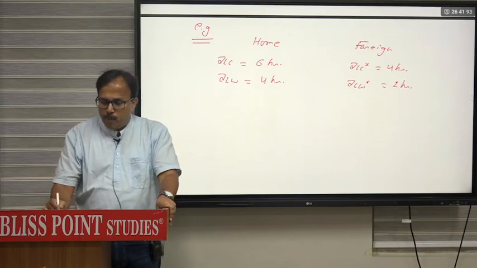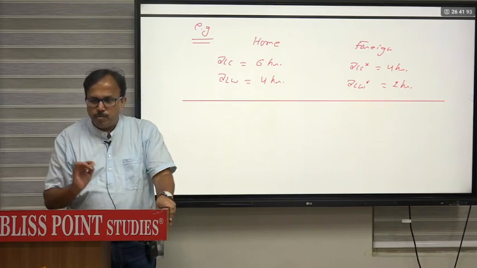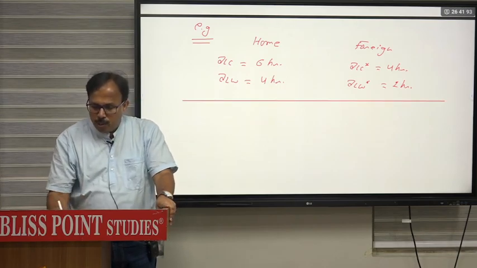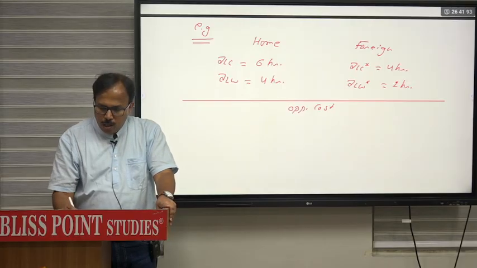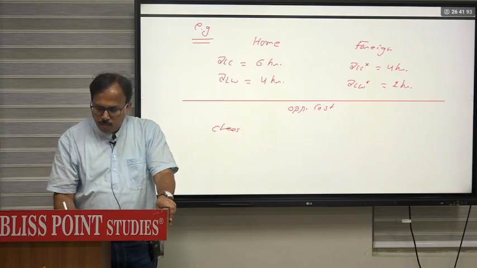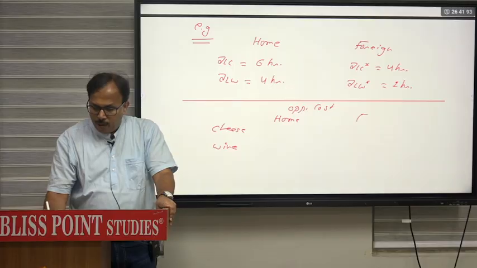So if I calculate opportunity cost for this example, how do we calculate it? Opportunity cost calculate कर रहे हैं, opportunity cost for cheese and wine, in home country and foreign country.